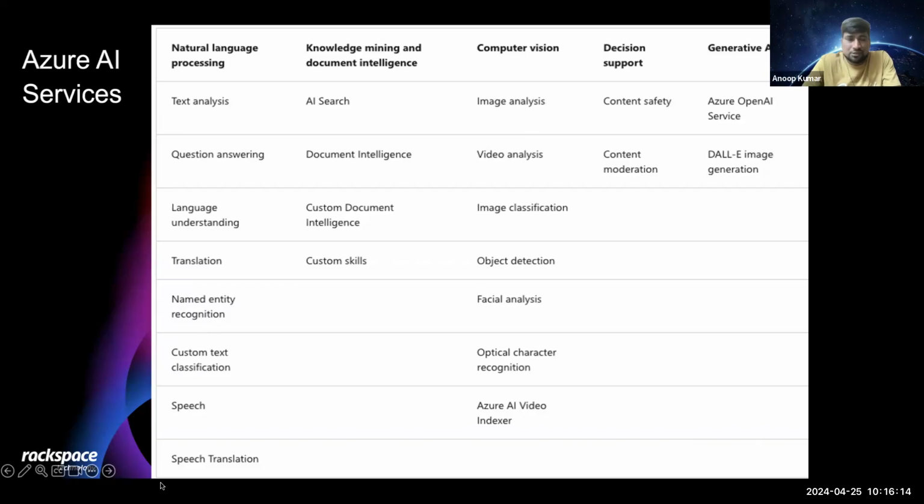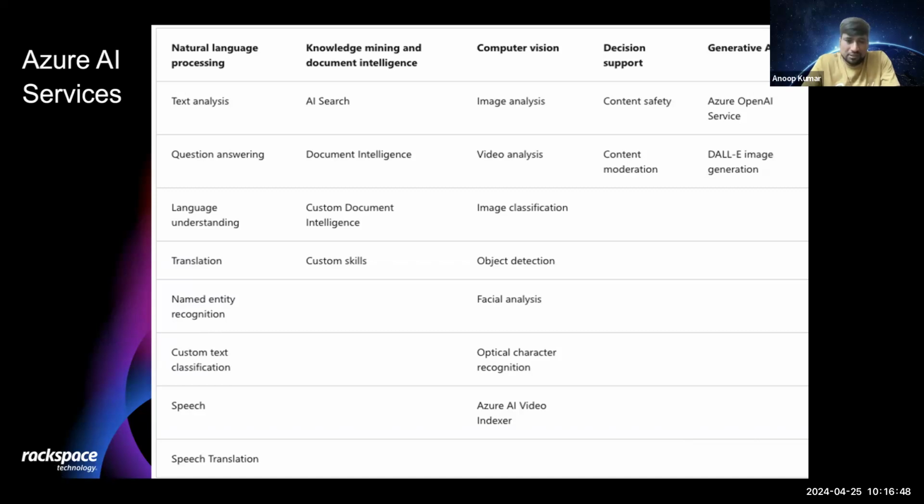Speech services can also be used individually. Translation too, from any language to any language, that can be done. Today I'll discuss more about Azure OpenAI and DALL-E, because that is our agenda. For the rest of the services, I just want to highlight what is available in Azure. If you want, I'll create another session for Azure AI services separately.